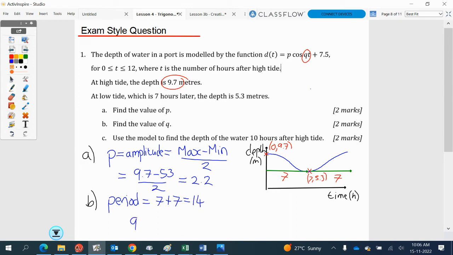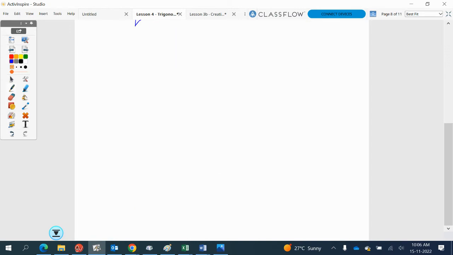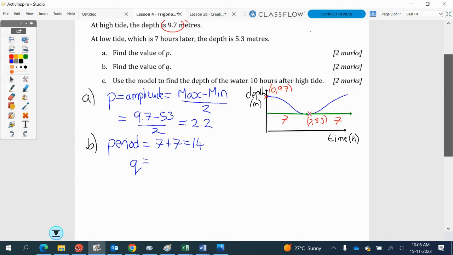The coefficient B is given by the formula 360 degrees divided by period. So that's going to be 360 degrees divided by our period, 14. This is going to give us 180 over 7, which as a decimal value is 25.7.